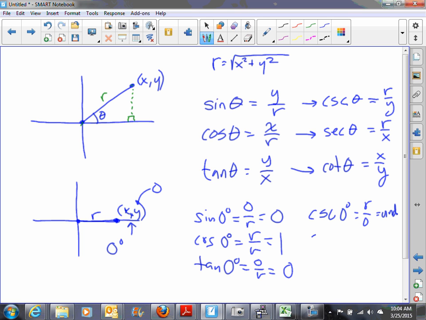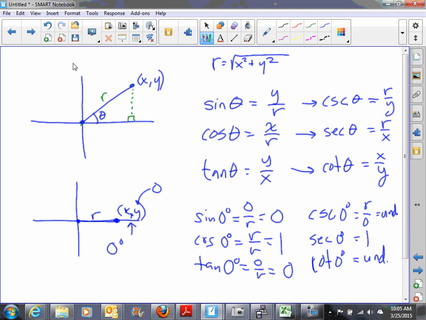The secant of 0 degrees is the reciprocal of 1, r over r, which is still 1, and the cotangent of 0 degrees turns out to be r over 0 again, which ends up being undefined. So, in other words, this allows us to have assigned values for 0 degrees. Now, the same thing happens for 90 degrees, 180 degrees, 270 degrees, 360 degrees, and so on.